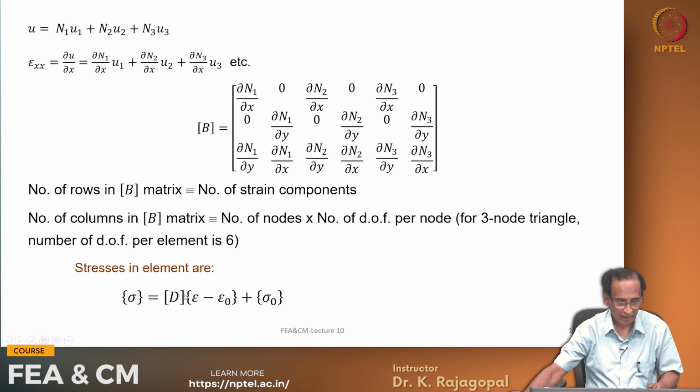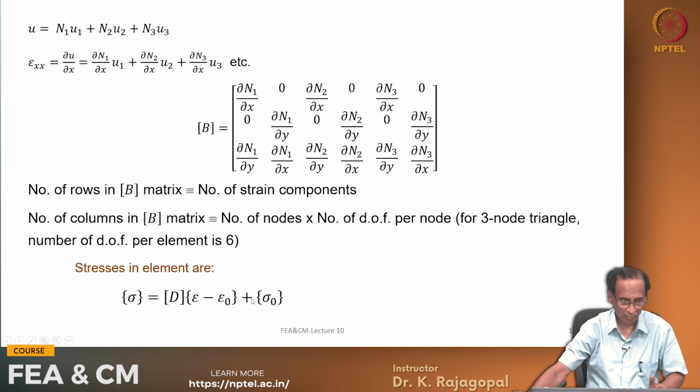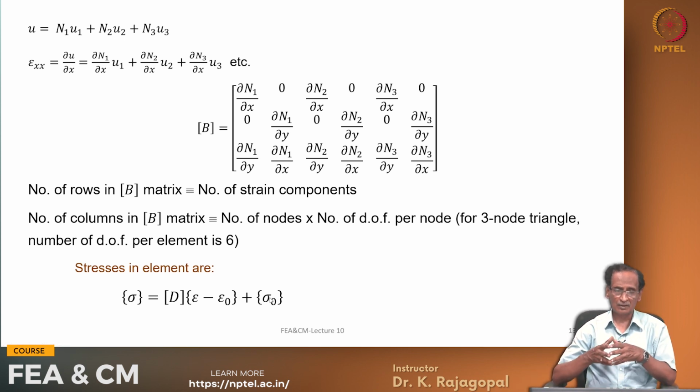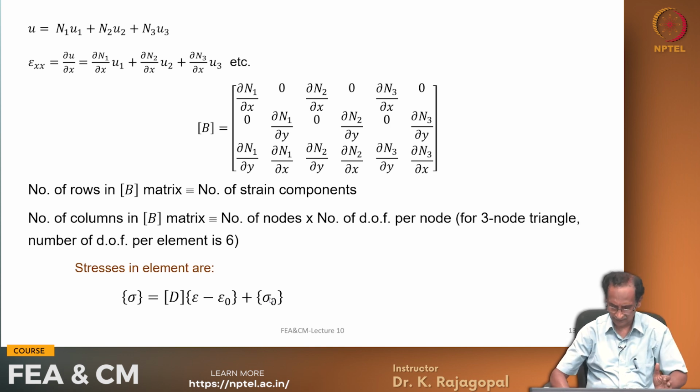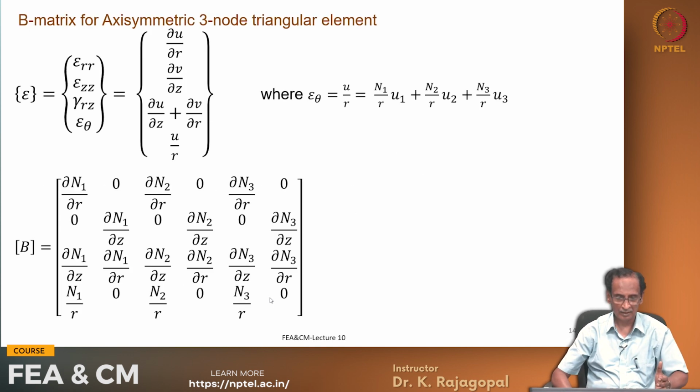And so we get the total strain, epsilon minus the epsilon naught corresponding to some initial strains, multiplied by D, plus initial stresses sigma naught. The sigma naught in the geotechnical context could be the in situ pressures, and that depends on the geological conditions that we will see later.